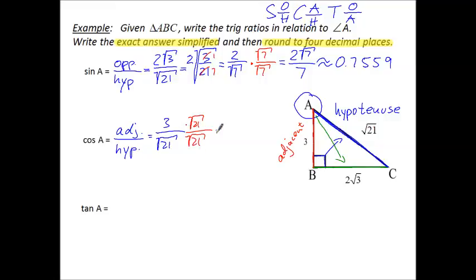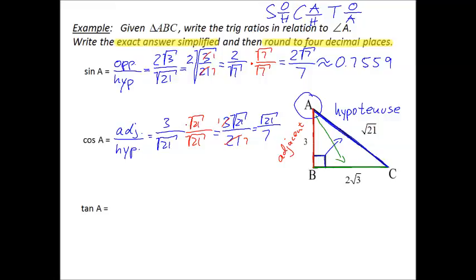We get 3 times the square root of 21 over 21, because the square root of 21 times itself is of course 21. And now we can even simplify some more. 3 goes into 21 7 times, into itself once of course. So we get 1 square root of 21 over 7.